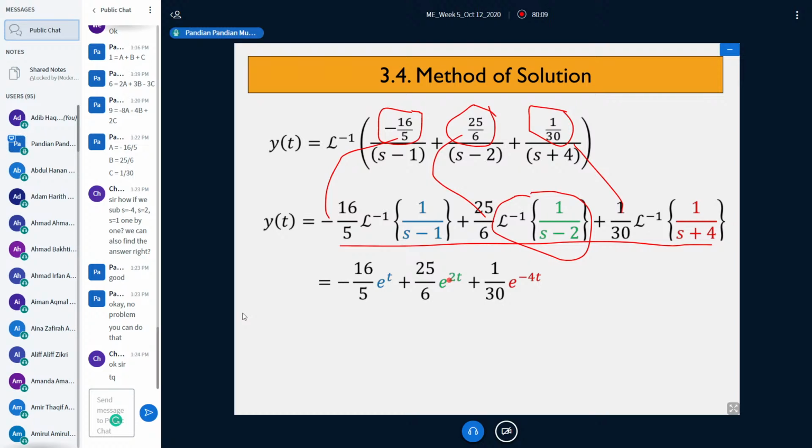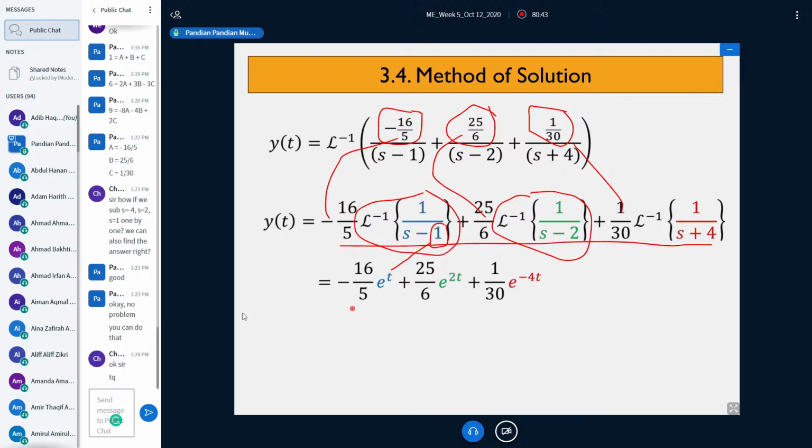Section 3.2 under inverse transform, you have inverse Laplace of 1 over S minus A. Exactly the same. Your A is 1. So the inverse Laplace of 1 over S minus A, my A is 1, so the answer is e^t.